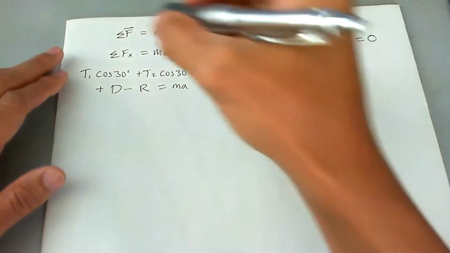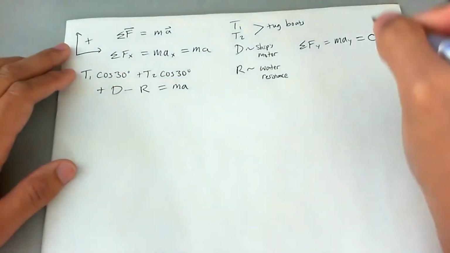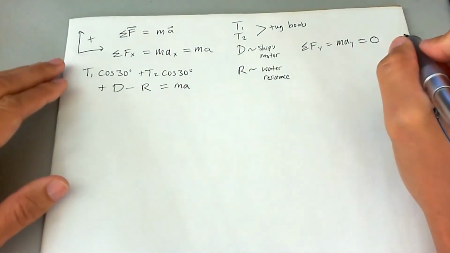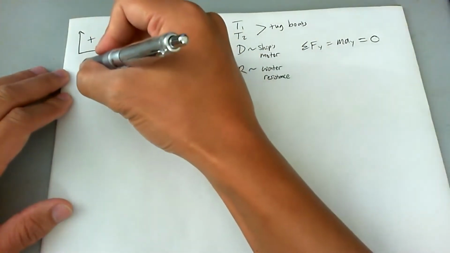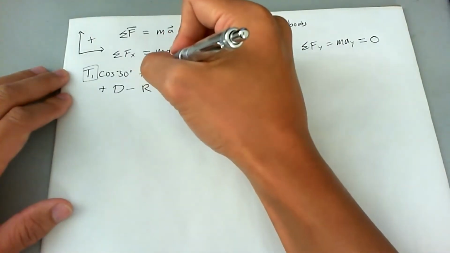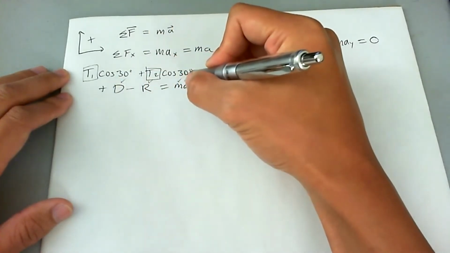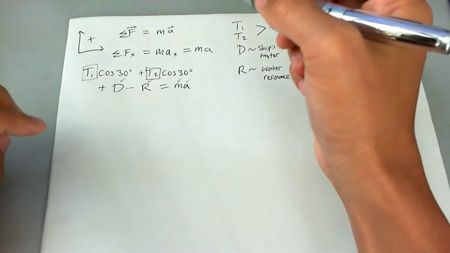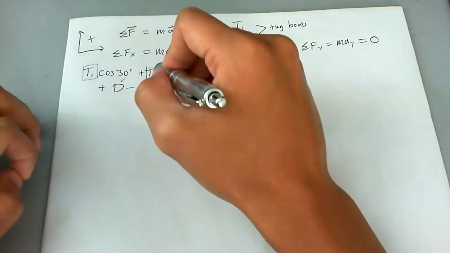And again, we're going to continue using the conventional system for positive values up and to the right. Okay, so what do we know? We need to actually know T1 and T2. We know D, we know R, we know M, and we know A. So this is a good equation, it helps a little bit, but we don't know the connection between T1 and T2.